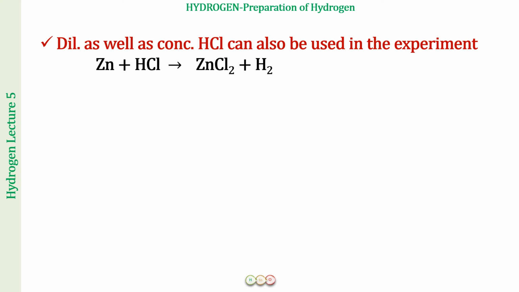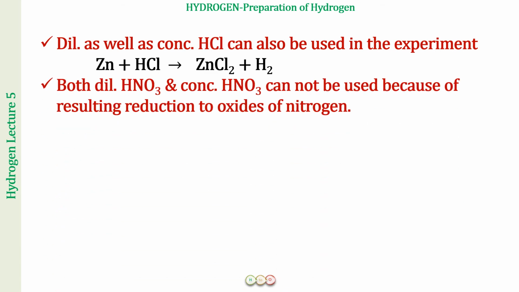But remember always that we never use HNO3, nitric acid, for this experiment. Neither dilute nor concentrated HNO3 can be used for the reaction because of the resulting reduction to the oxides of nitrogen. What I mean is, let me show you with the help of the reactions. So we have zinc reacting with HNO3 to form zinc nitrate and nascent hydrogen.